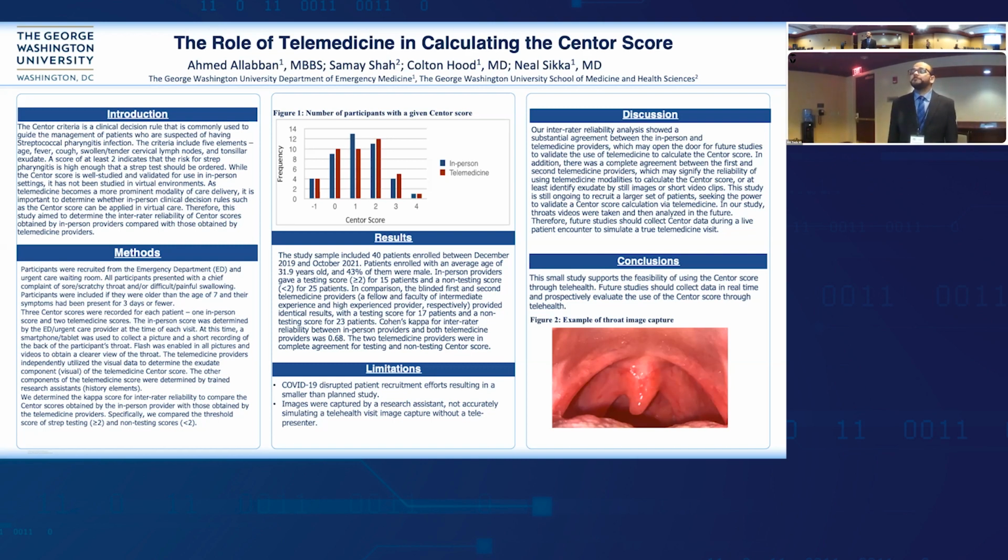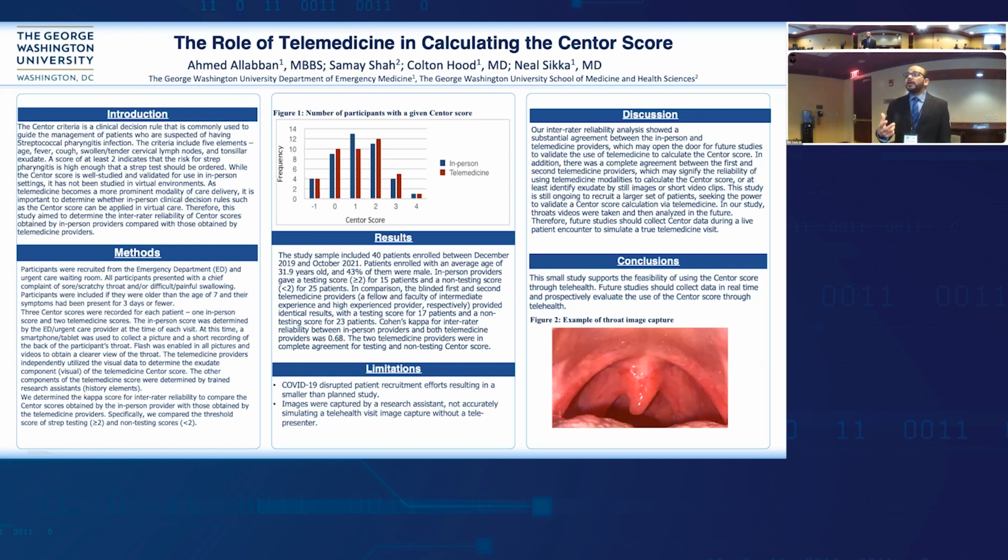Sore throat due to pharyngitis is a common symptom in the emergency room and also in telemedicine encounters. The Centor criteria is a validated tool that helps the physician decide if the cause of pharyngitis is group A streptococcal infection, and in that case, you will need antibiotics.